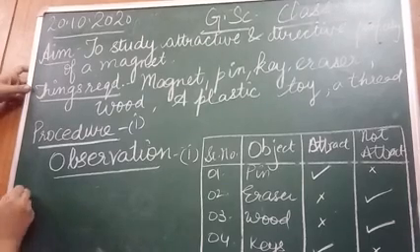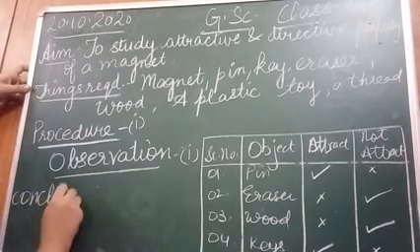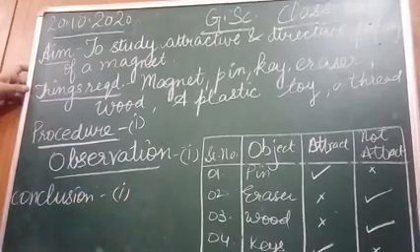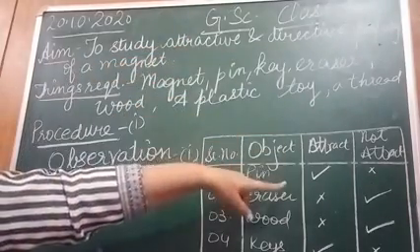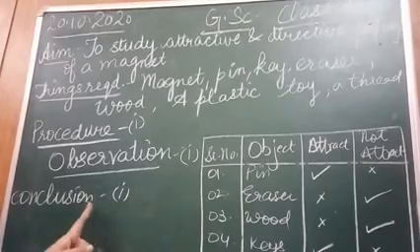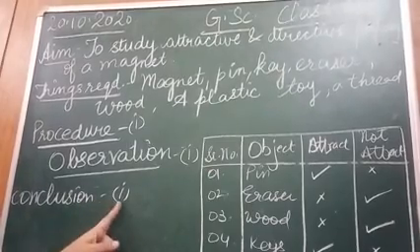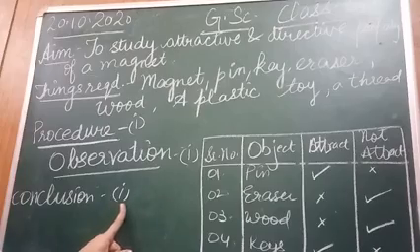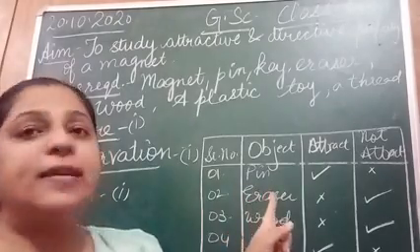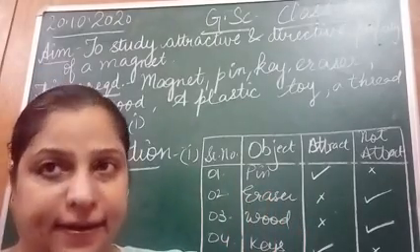So what will be your conclusion? Conclusion number 1, as we are doing the first property first. So the conclusion will be that magnet attracts certain materials towards it while certain materials are not attracted.